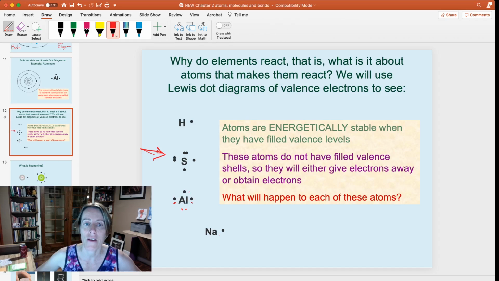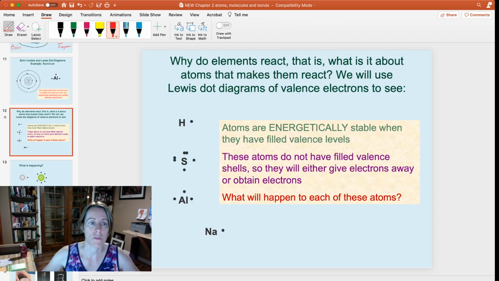So it could try and find 5, or it could just try and throw away 1, 2, 3. And again, I think 3 is going to be easier than 5, so aluminum is going to try and throw away electrons rather than try and find many more. And same with sodium. Sodium could try and gather up 7, or it could try and throw away 1. It's going to try and get rid of the 1. And once these atoms have done those things, they will be considered stable.